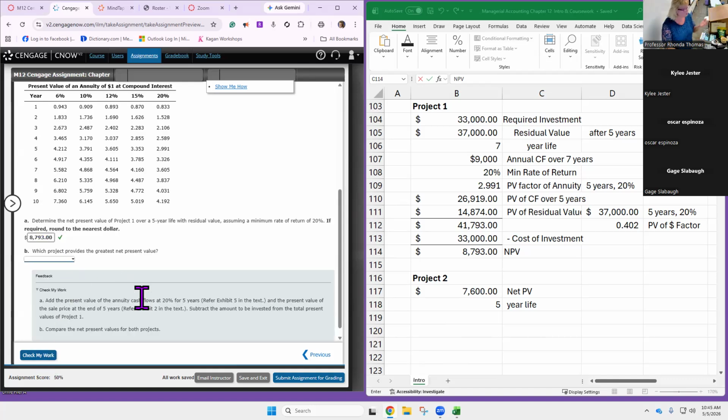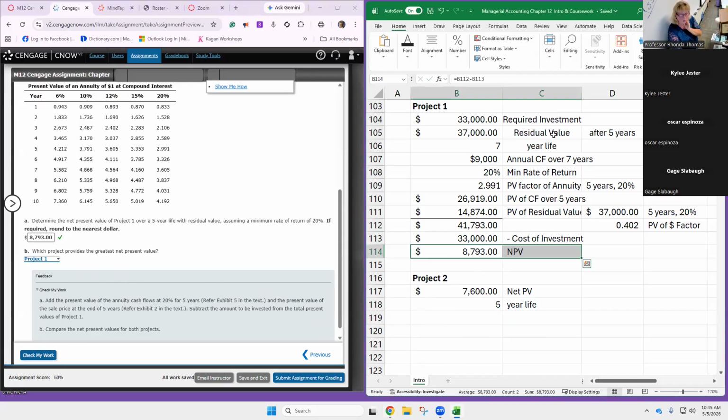So which one gives you the most money? Mine is project 1. Did anybody get project 2? I did. You did. I didn't know if they were doing both in different directions, but whichever one comes out higher, that's the project that you will probably go with.